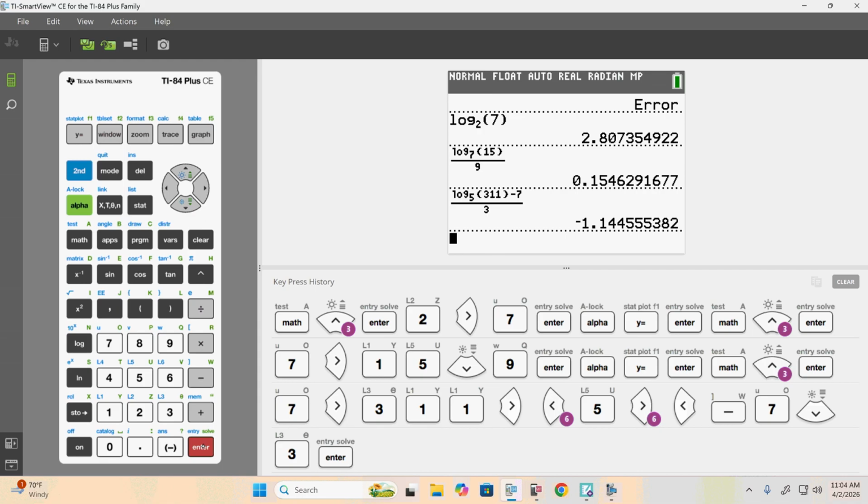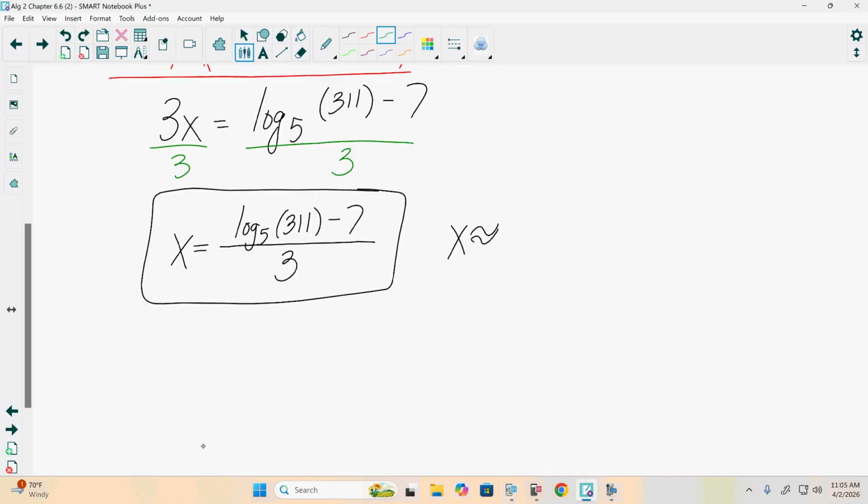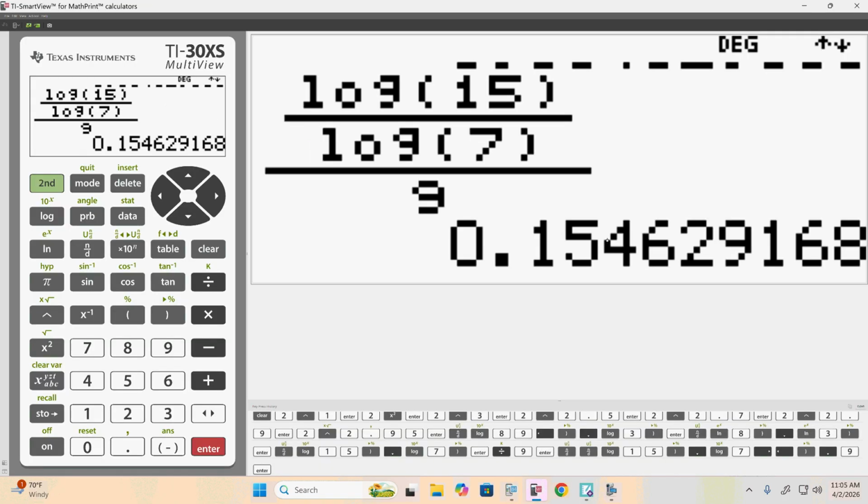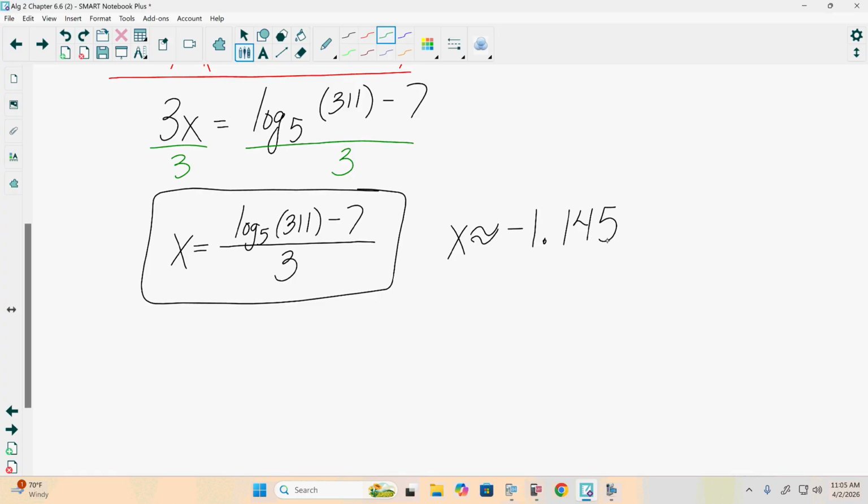Log base 5 of 311 minus 7 over 3. It gives us approximately negative 1.144555382, or if we round to the third decimal place, negative 1.145. Wrong calculator. There we go.